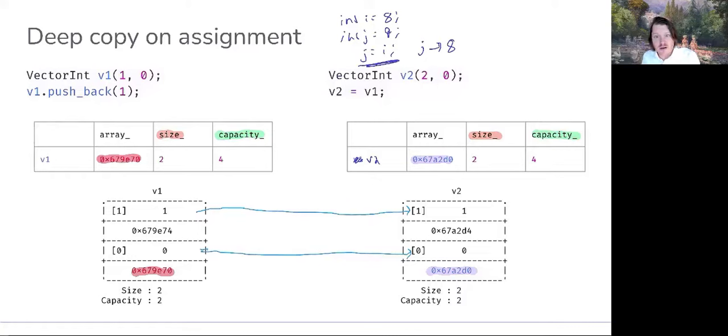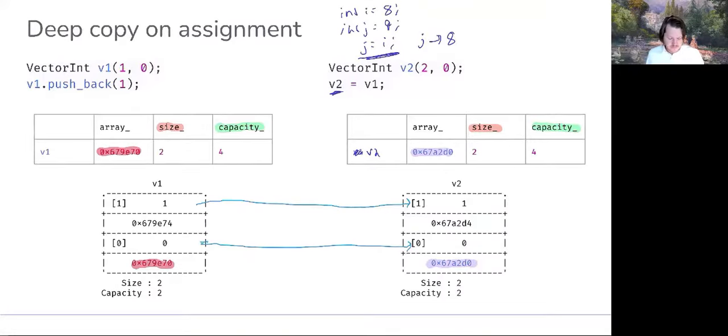However, each of these two objects, v2 and v1, is going to have its own dynamically allocated array. The values in v1's array and v2's array are going to be identical directly after this line. And any changes made to either v1 or v2's array thereafter would only be reflected in the object whose array was modified.